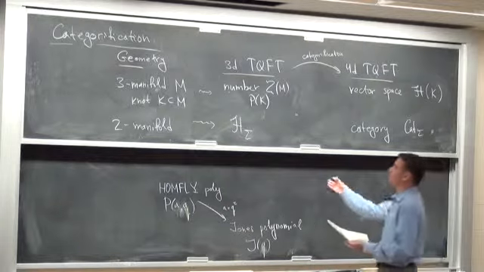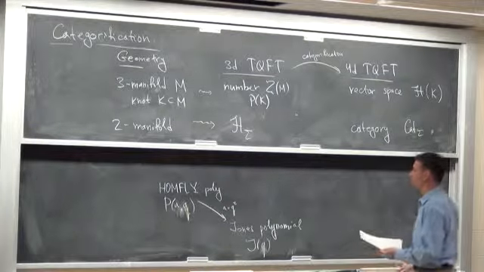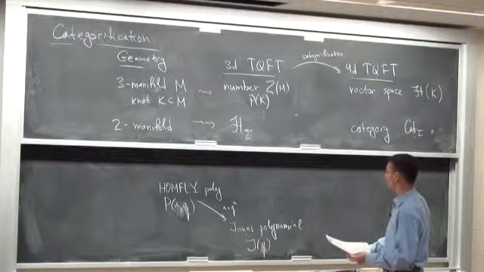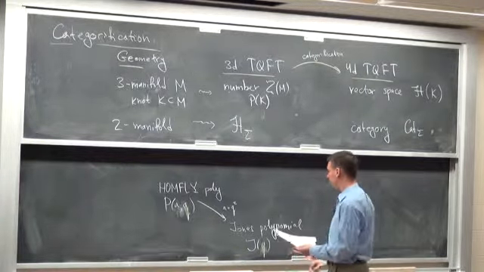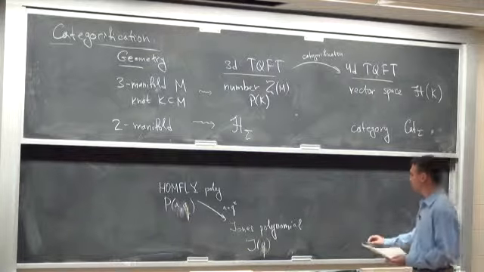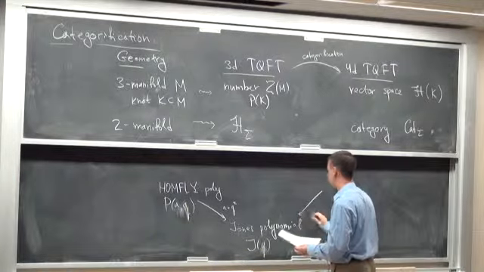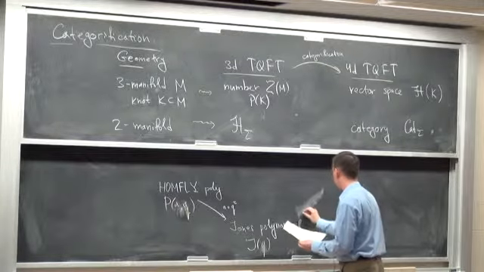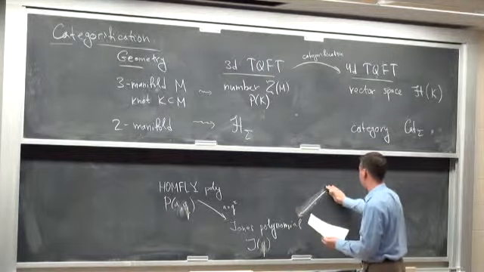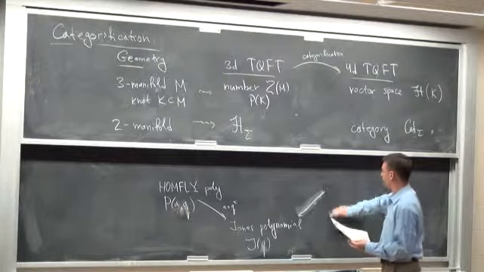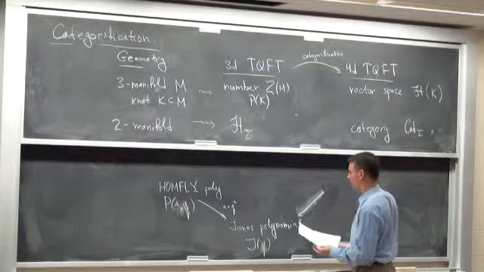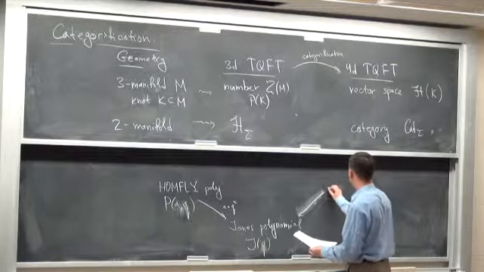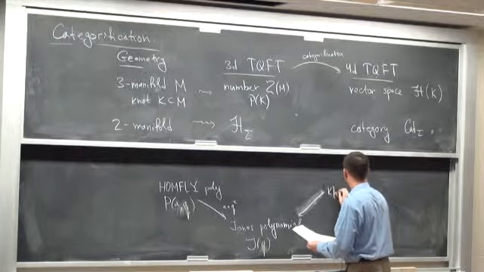Now, if you were to categorify the story, it means that you would replace the Jones polynomial by a vector space. I'll give you a couple of definitions in just a minute. This upgrade is a generalization of Jones in a different direction, which can then give you Jones back, and is known as Khovanov homology.